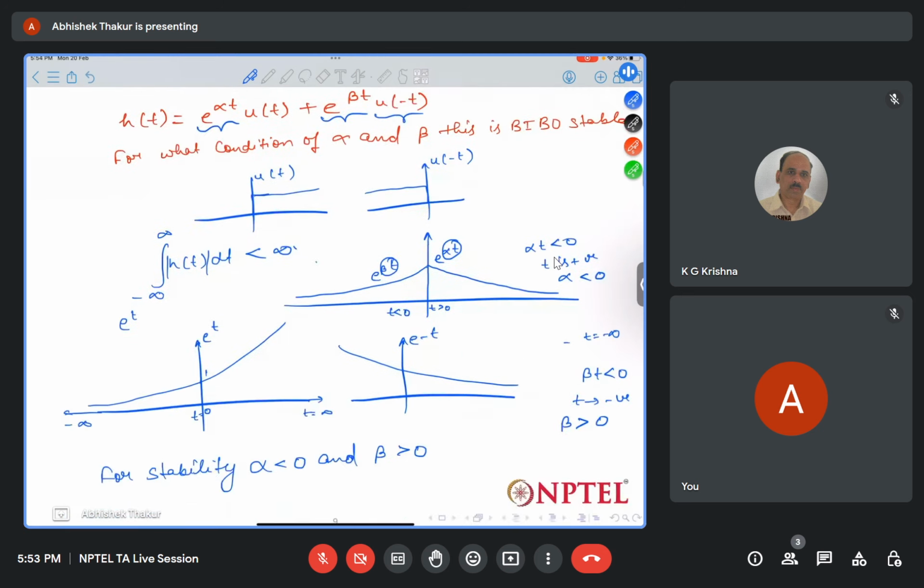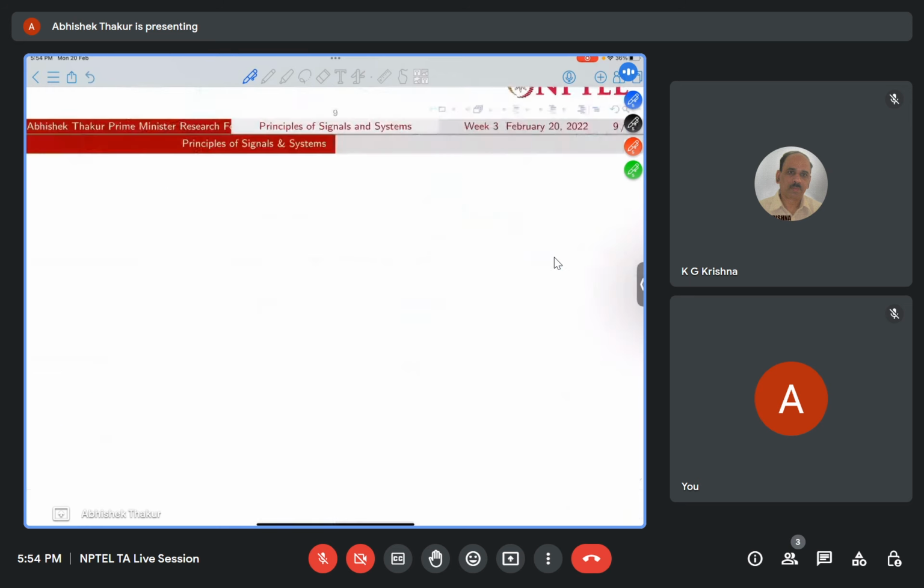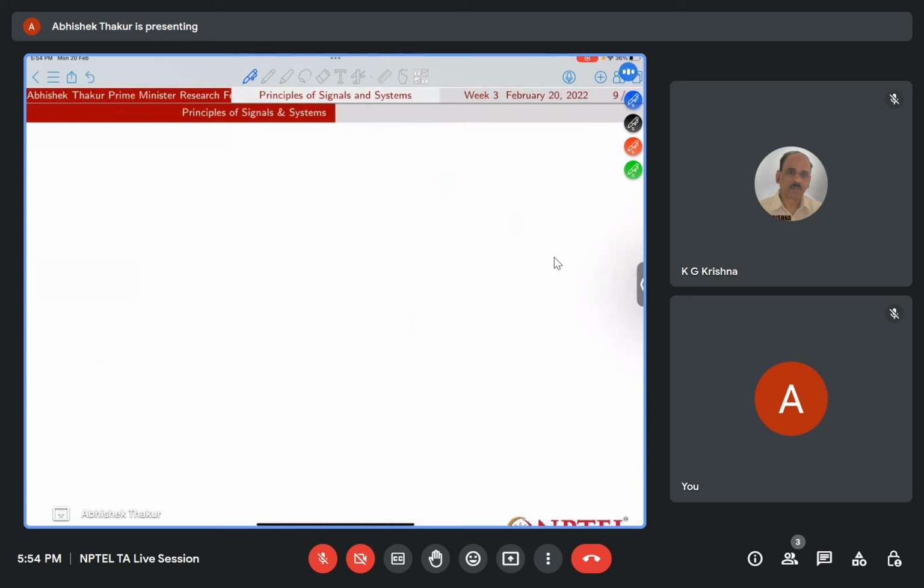So this kind of question is asked in the GATE examination. This is a previous year GATE question. Now we will see step response. We have seen questions based on the impulse response, but we have not solved many questions based on impulse response till now.